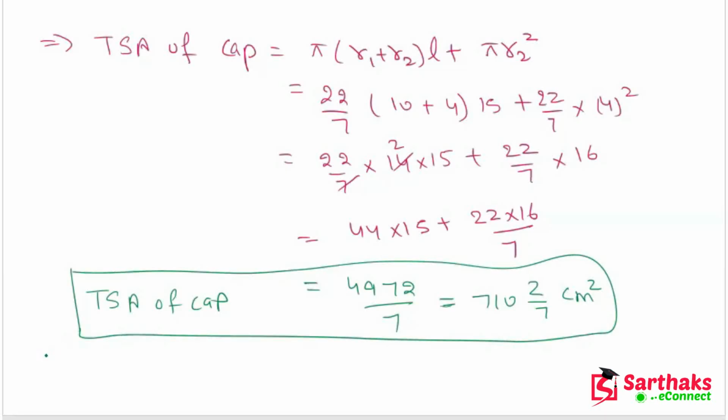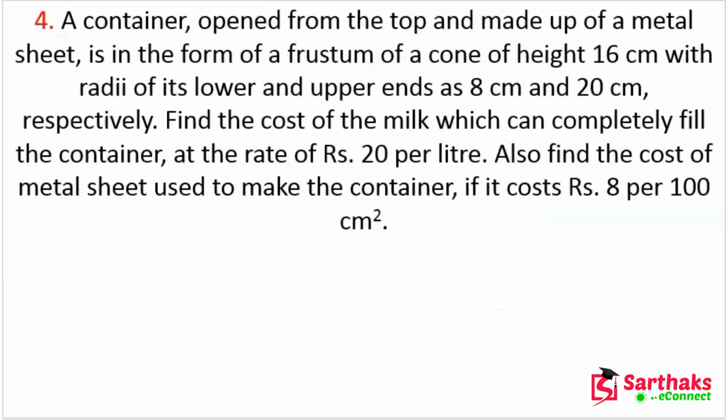So now, my dear friends, let's move on. The next question is, a container open from the top and made up of a metal sheet, which is in the form of a frustum of a cone of height 16 centimeter, with radii of its lower and upper ends as 8 centimeter and 20 centimeter respectively. Find the cost of the milk which can completely fill the container at the rate of 20 rupees per liter.